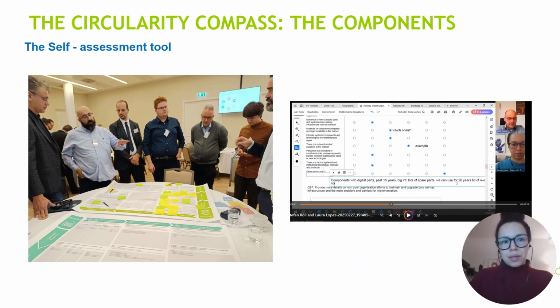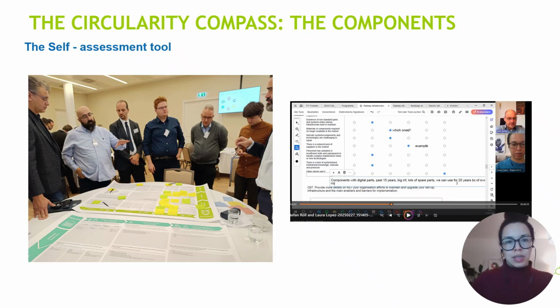What is also very interesting about the self-assessment tool is that it can be really used and translated into different formats for workshops, focus groups, discussions as a starting point to start discussing, let's say, outside of the survey area where an individual is answering questions by himself or herself, and really to start together identifying opportunities and challenges, to start identifying concrete measures that you can implement in your systems.